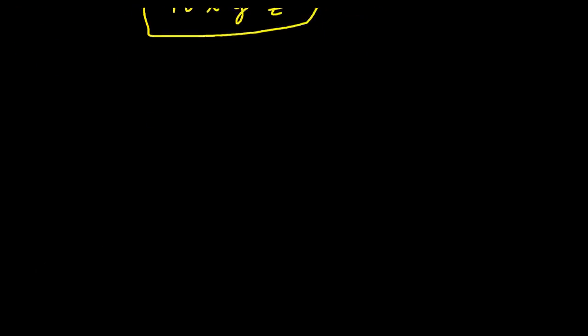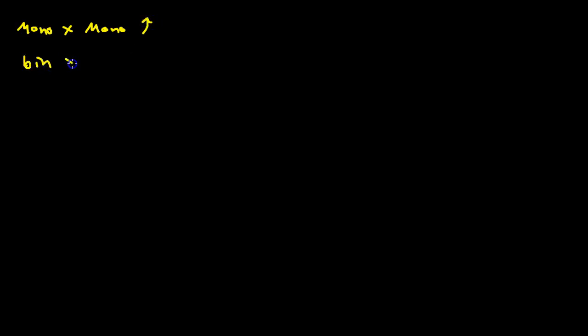All right, all of the above examples have been a monomial times monomial. Now I want to talk about a monomial times a binomial. And that we're going to do down here with a couple of examples.